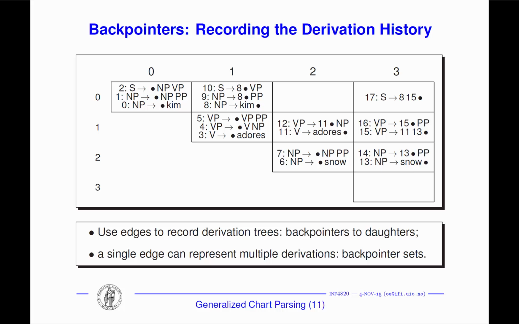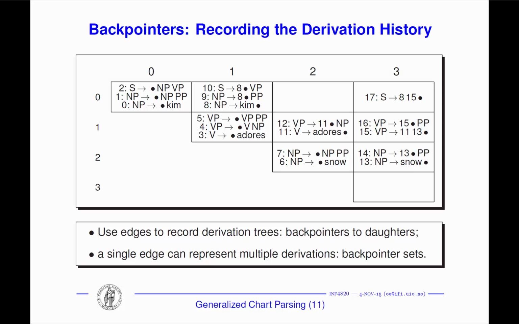And we can look up 11, so 11 is a V, and we can look up 13, that's an NP, and we can recover that this is an instance of the rule VP goes to V NP. But we have much more information now because this edge effectively records a local subtree.